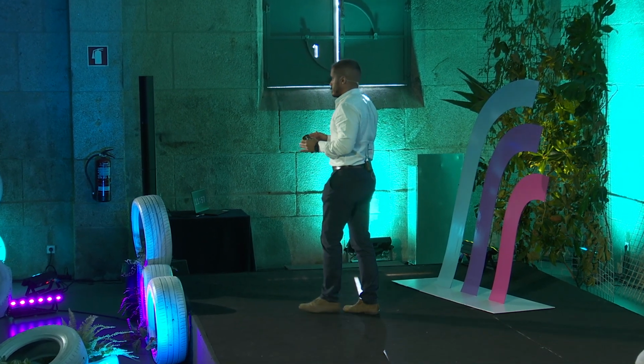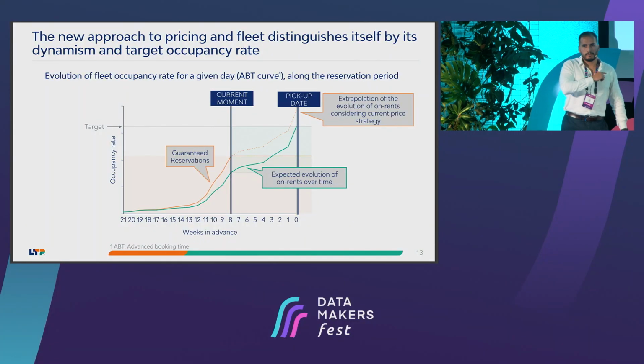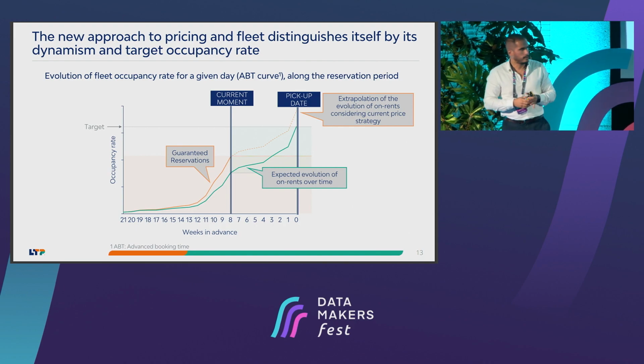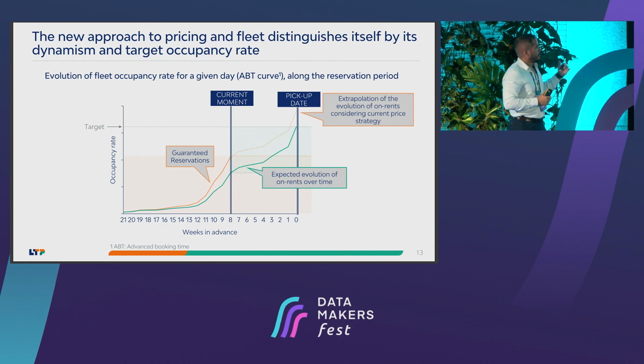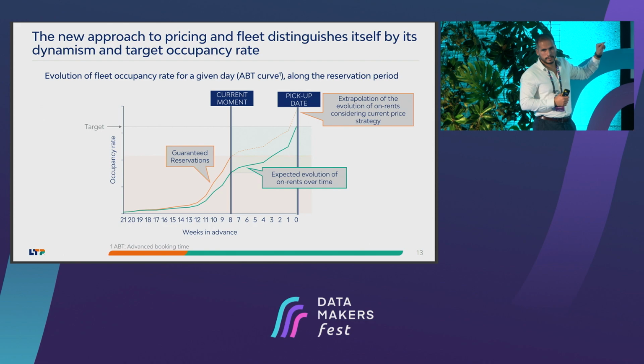Then we have another problem. Okay, we are trying to address the demand for a given day, but this is the reservation day. And right now, I might have reservations for 2 or 3 weeks ahead. So we need this ABT curve, which is the advanced booking time. Okay, this is specific for each vehicle group, product, car, or even station, and it tries to mimic the behavior of our customers over time.